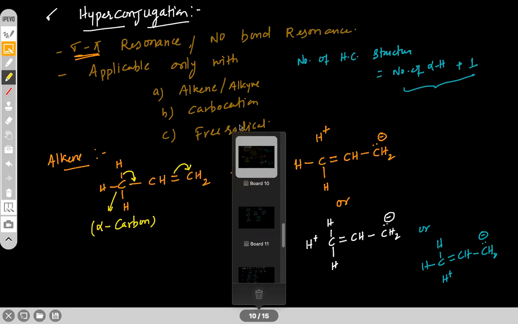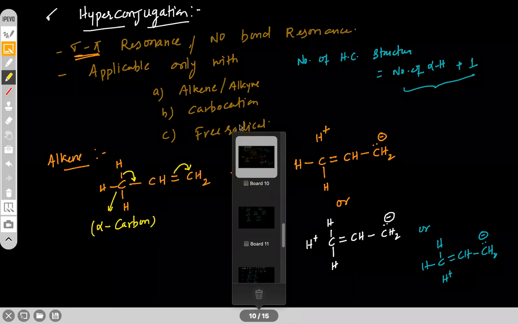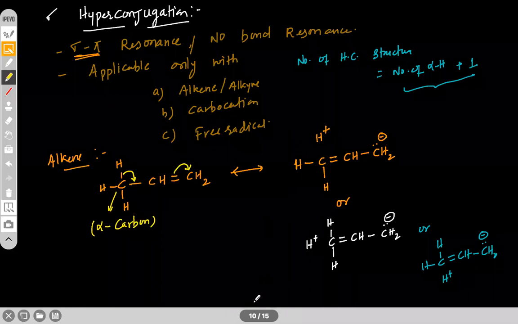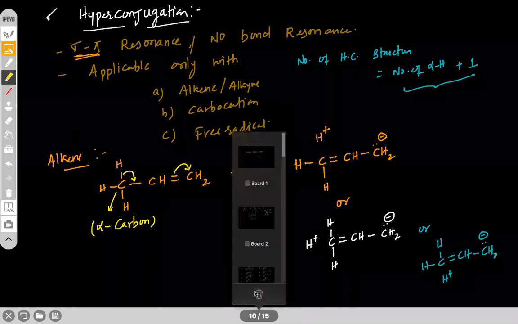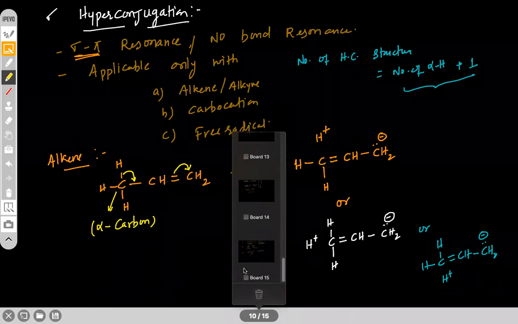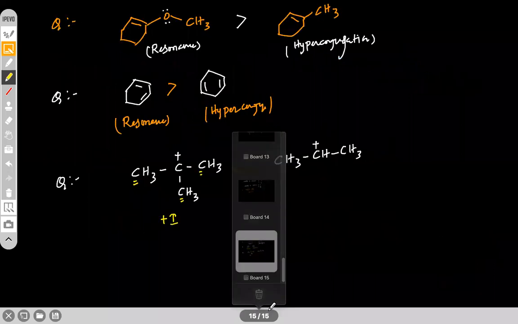So that is what you need to keep in mind, where hyperconjugation is possible. Correct, guys? So all of you agree with me that we have hyperconjugation possible in this molecule?